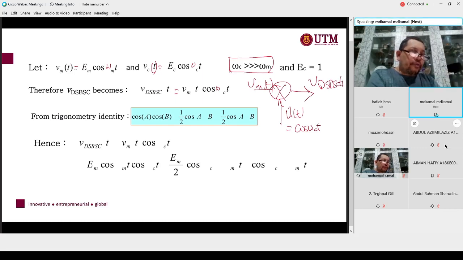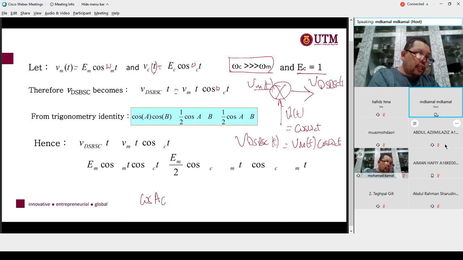VDSBSC actually is equal to VM(t) multiplied by cos omega C t, because you assume EC here is equal to 1. So if you have cos A cos B, how is it?